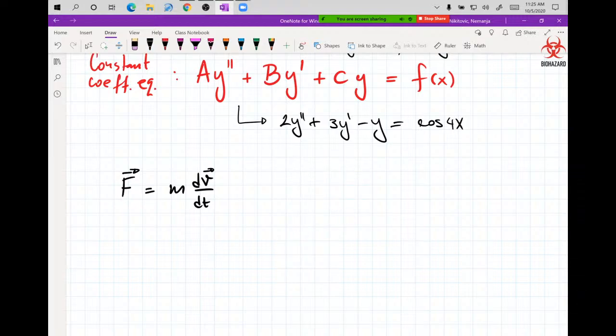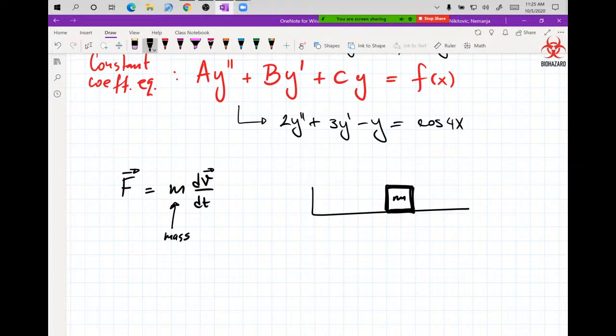So now, when you understand that you have the force, you see that this m is the mass of the object that is attached to a spring, because we are dealing with a spring mass system. So I'm going to plug in some kind of a mass over here.